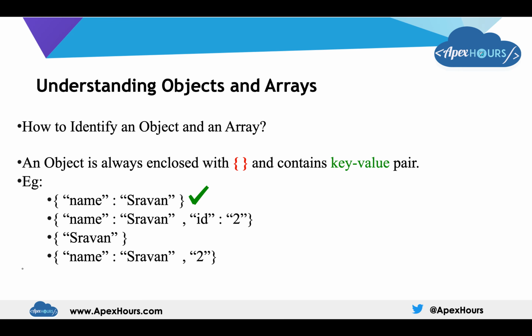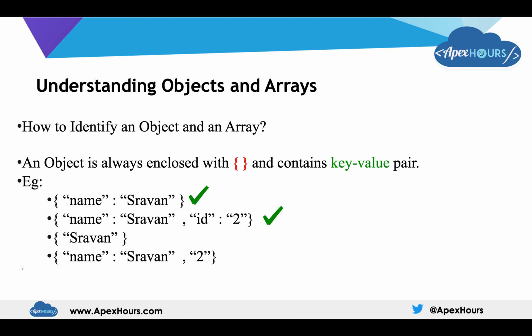The question is whether it is a correct object or not. The object is correct as long as both key value pairs are separated by a comma. As it is still following the rules, enclosed within curly braces, which is fine, and it has key value pairs separated by a comma, this is also a valid object. This is called an object.